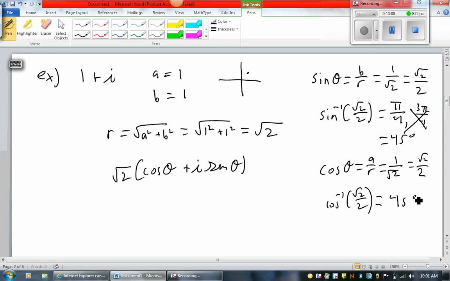That's also a 45-degree angle. And once again, we know it's in quadrant 1, so that's our only angle. Plug these into the formula as well: radical 2 times cosine of 45 plus i times sine of 45. And there we go.